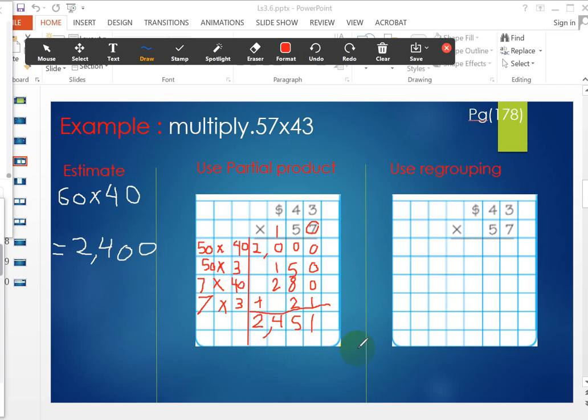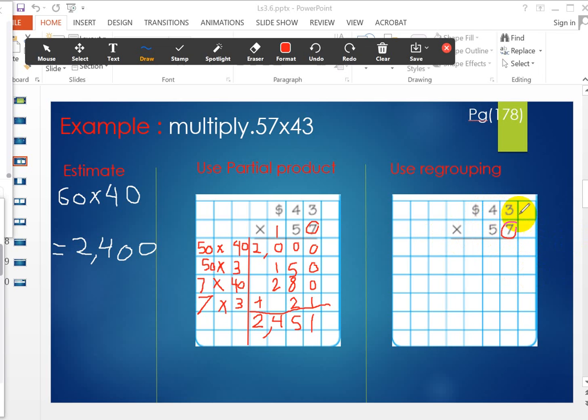Now let's see if I will find the same answer by using regrouping. So I will use the regrouping method to find the answer. Let's start. First thing, I will take the 7 and multiply it with those numbers and regroup the answer.